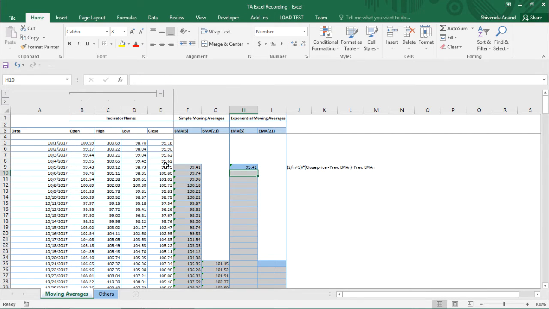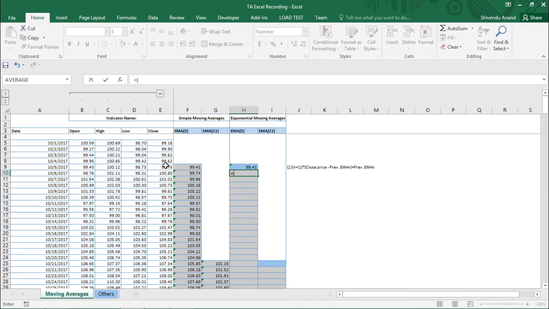Now from day 2, that is from EMA for 6th day, this will act as your previous EMA, and your closing price 100.80 will be your closing price that we are going to use in our formula. Now n, you should remember, n here is your 5. So basically your denominator in the first part of the formula will be 2 divided by 6, that is 5 plus 1.